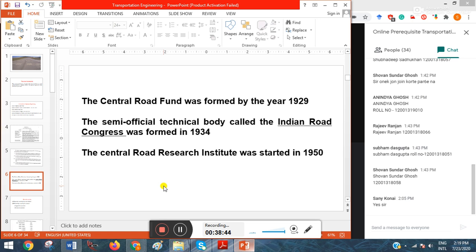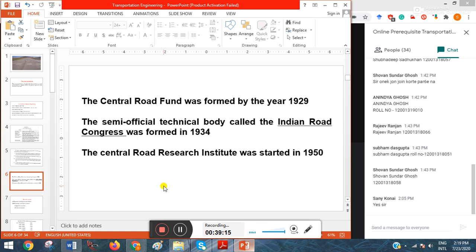The Nagpur road plan classified the roads in India based on location and function into the following 5 categories. You can write: national highways, NH; state highways, SH; major district roads, MDR; other district roads, ODR; and village roads, VR.